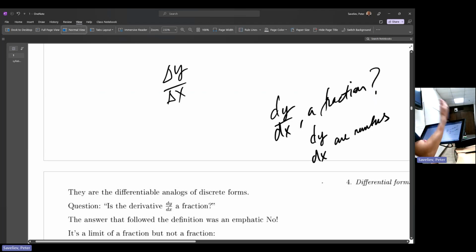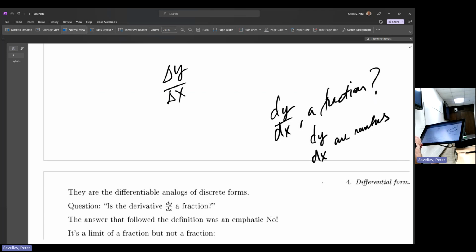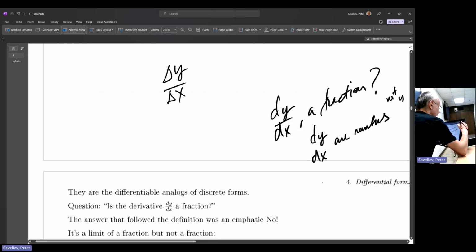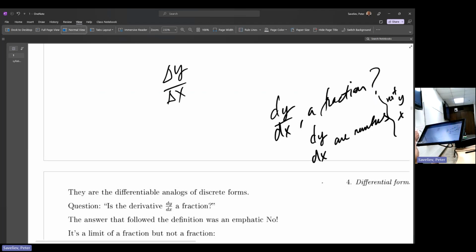You have the y sequence and the x's, and these are two numbers. Similarly, dy is one number, dx is another number, and they come from somewhere. So what remains is to figure out where they come from.